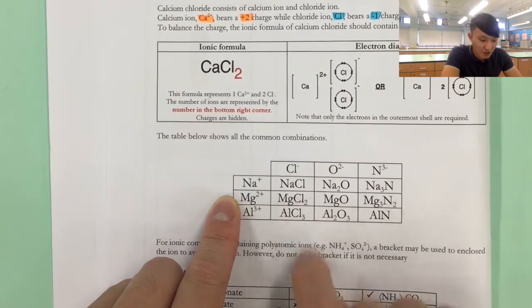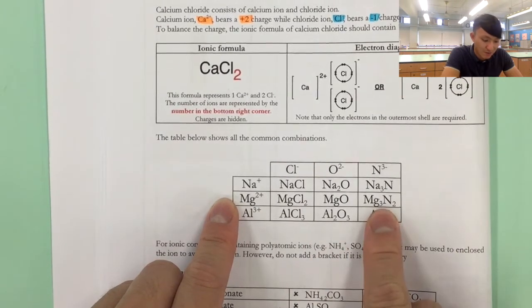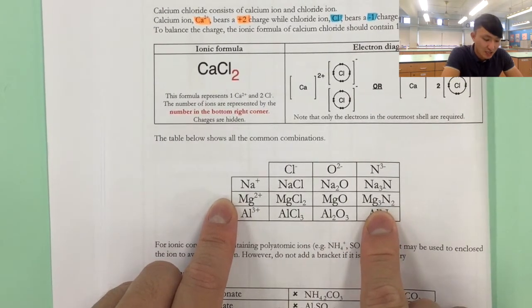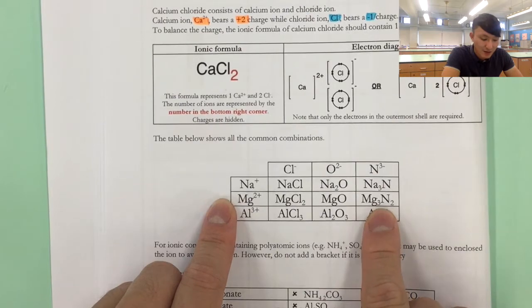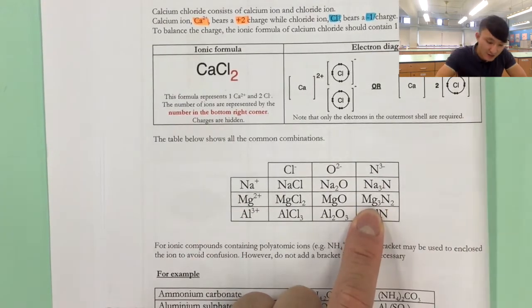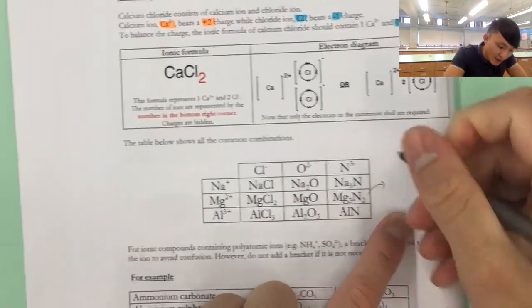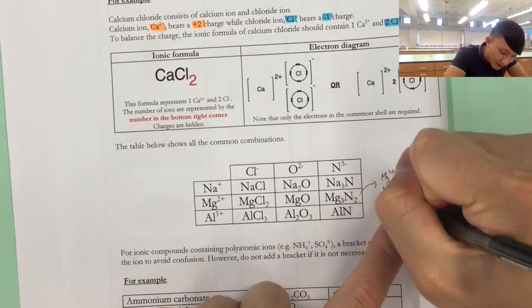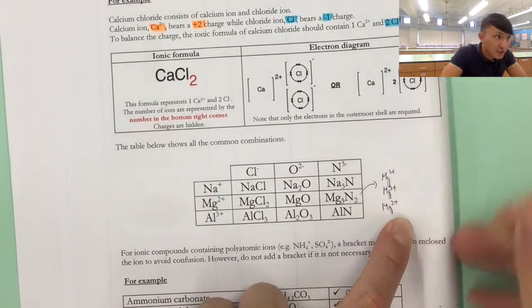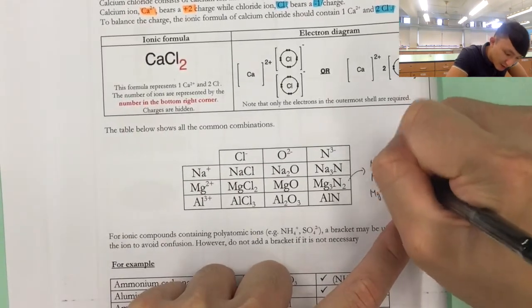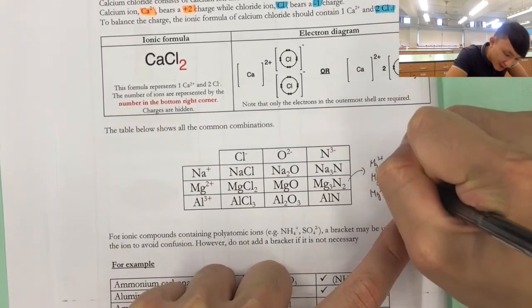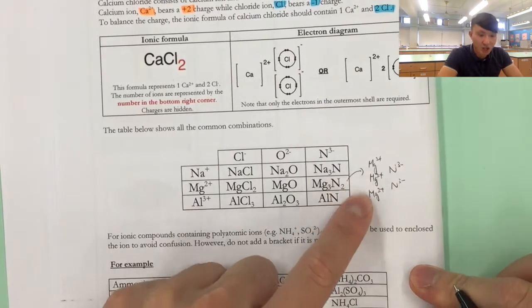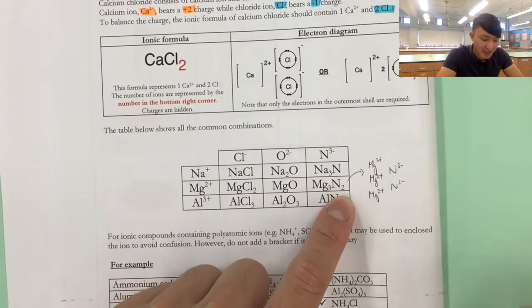For example, this one may be complicated, Mg3N2. This one is telling you that we have 3 Mg2+ going with 2 N3-. And you notice that the charges are balanced in this case.